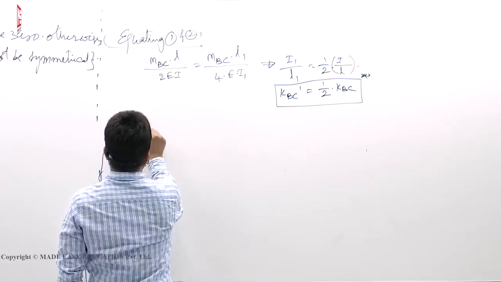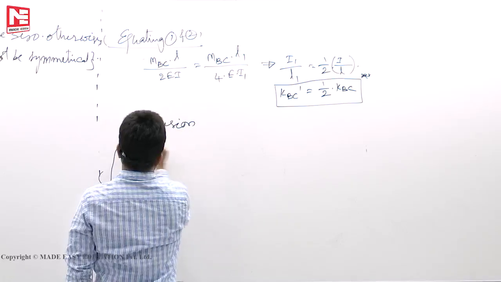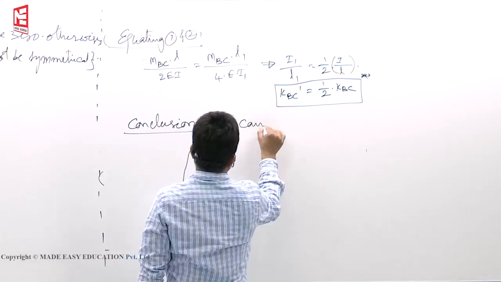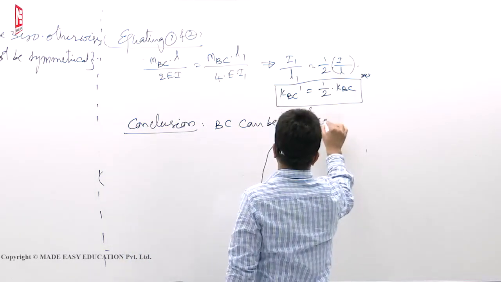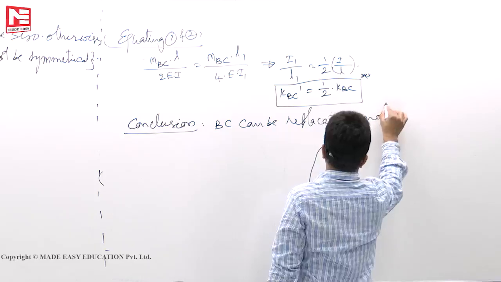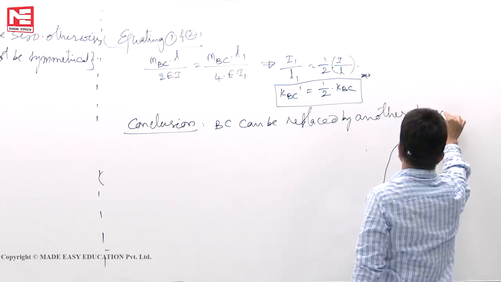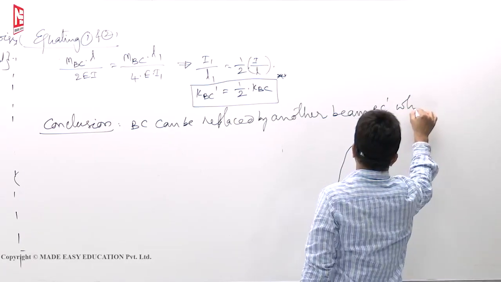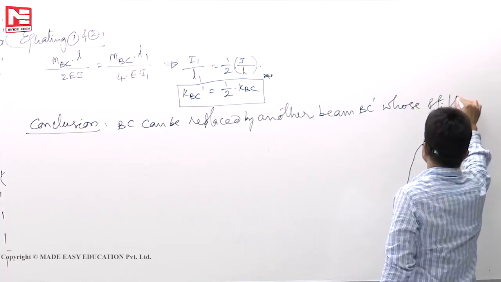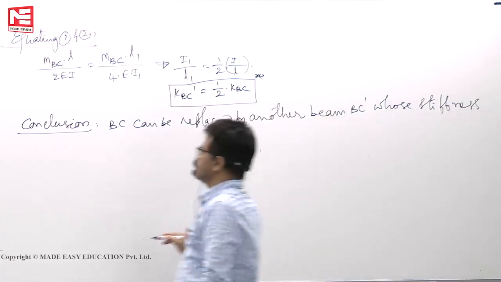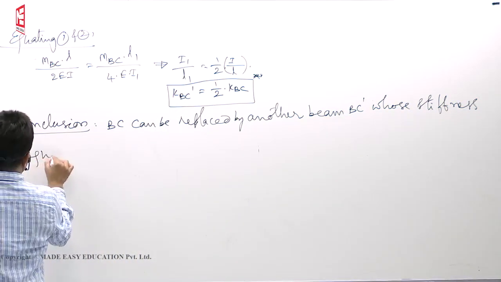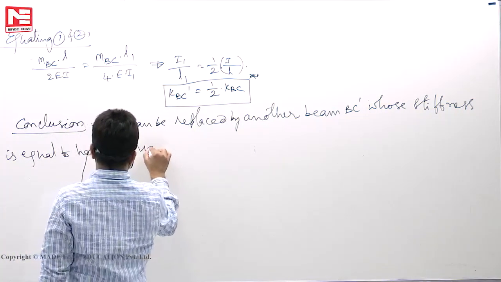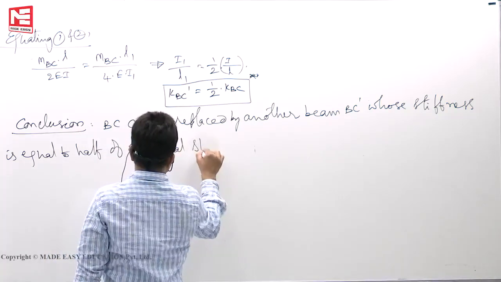Okay, conclusion. BC can be replaced by another beam BC dash whose stiffness is equal to half of the original stiffness.